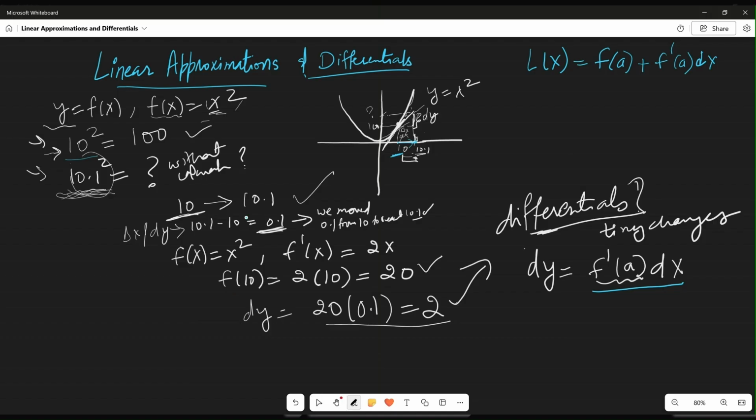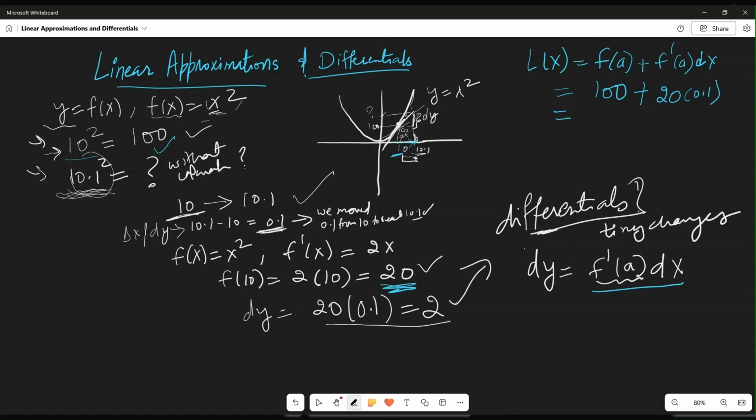And here you can put it together, right? f of a is what? 100, plus the derivative of f at a, at 10, is what? It's 20. And dx was 0.1.